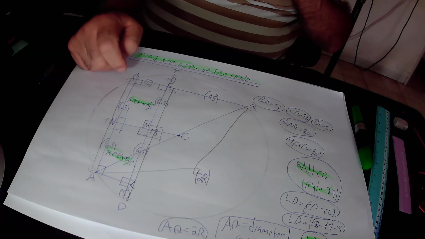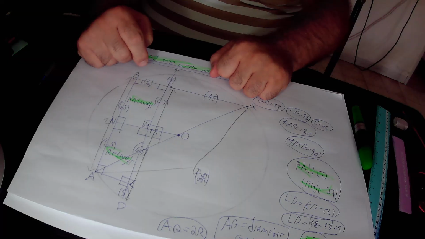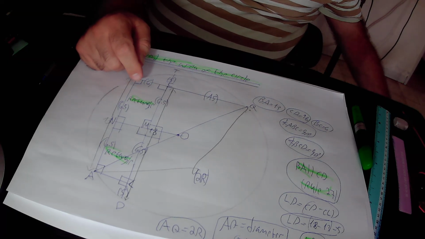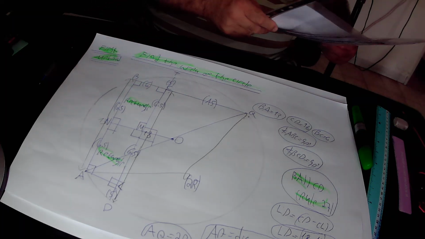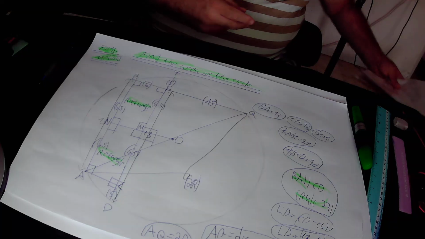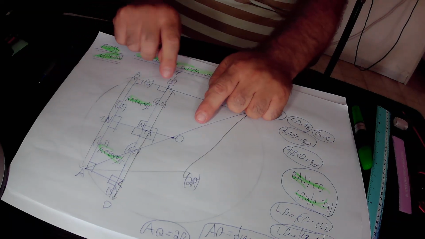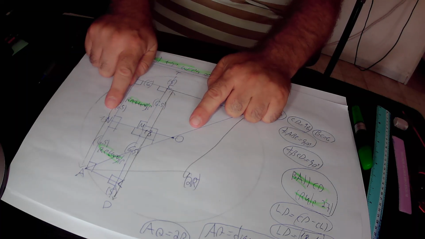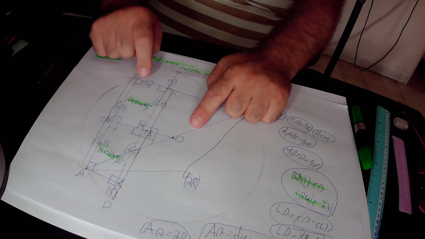So we have here quadrilateral BCMN. But before that we can implement here Rule 19.